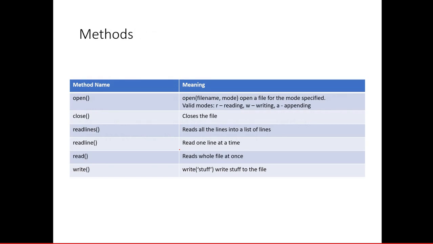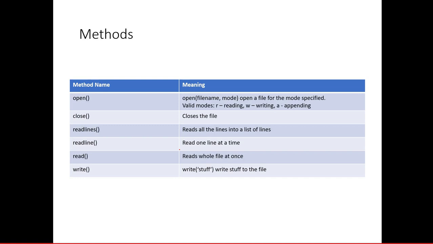Now, a couple of methods that you should learn when you work with files. First of all, we have to create what we call the file handler. I will explain that. For that, we use the open method, where we have to specify which mode we are going to use.